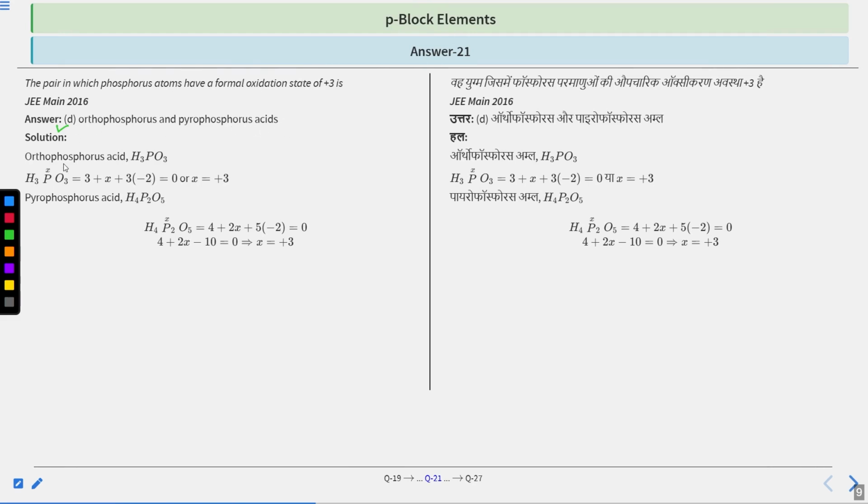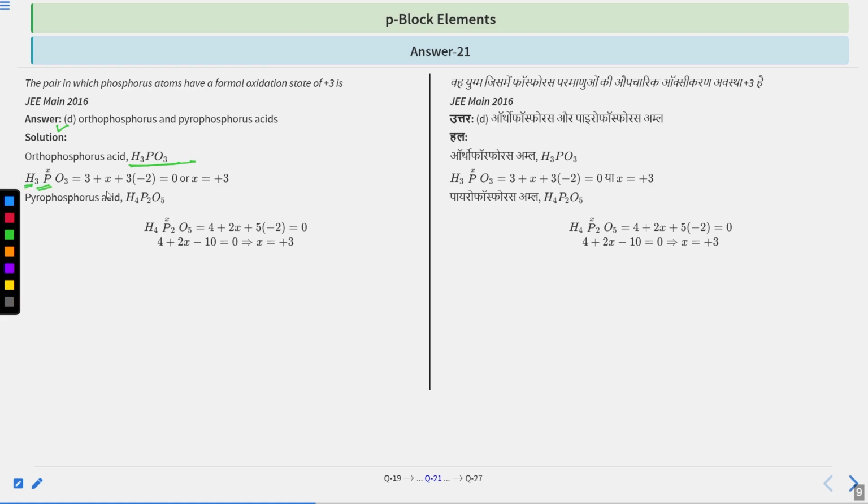In the case of orthophosphorus acid, having a molecular formula of H3PO4, let's find the oxidation state of phosphorus. Let's suppose the oxidation state of phosphorus is X. For hydrogen, it will be +1 multiplied by 3, because 3 atoms of hydrogen are present.